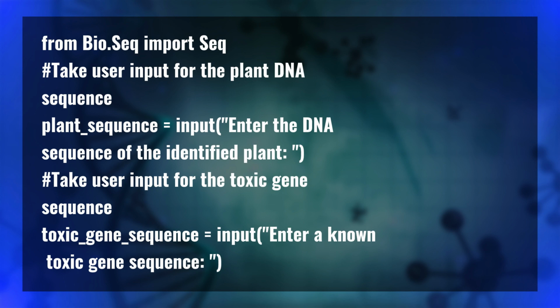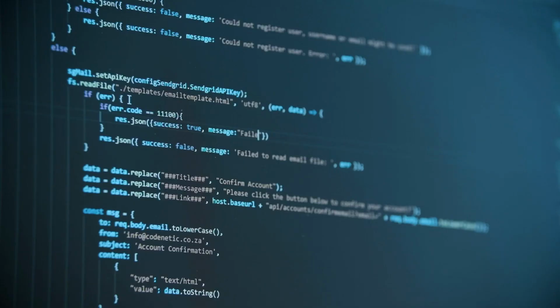Now, in the end, BioPython will come to the rescue. It's time for the magic of BioPython to convert these DNA sequences into BioPython's Seq object. Think of it like converting a secret code into a language that you can understand.